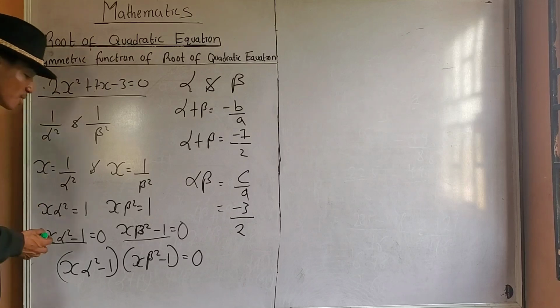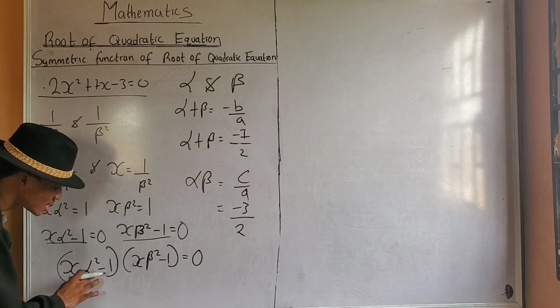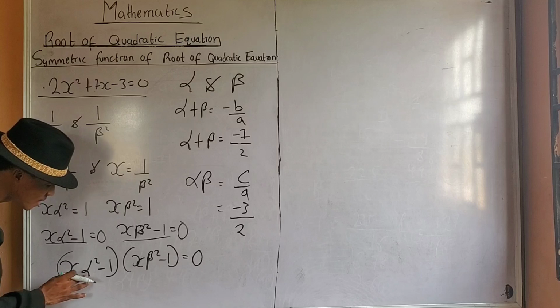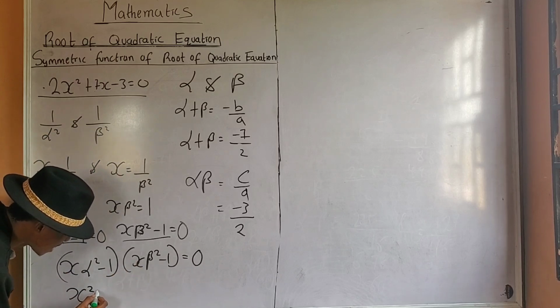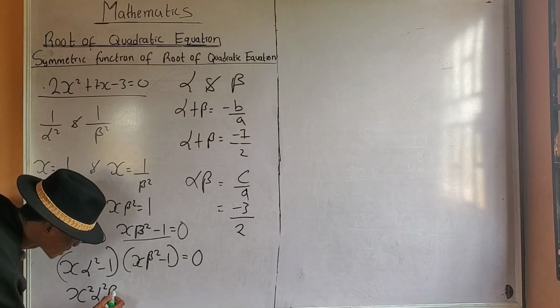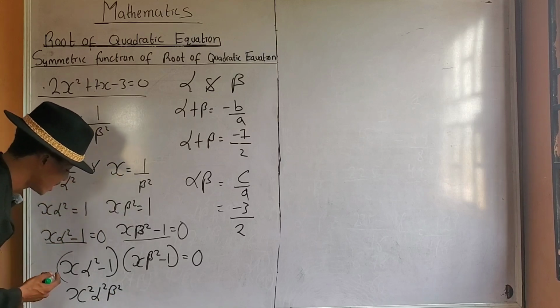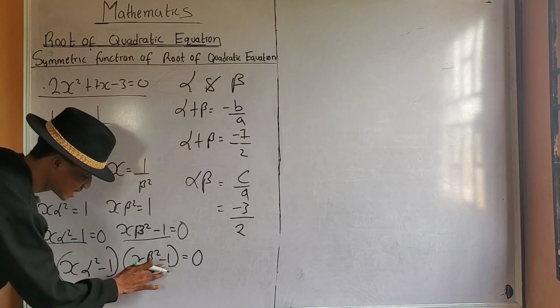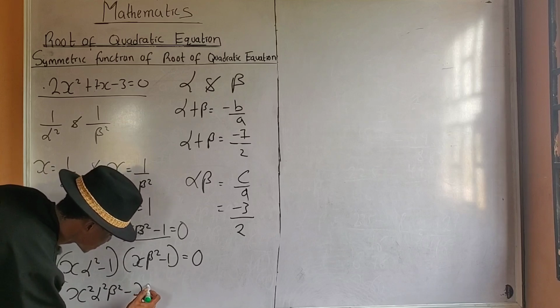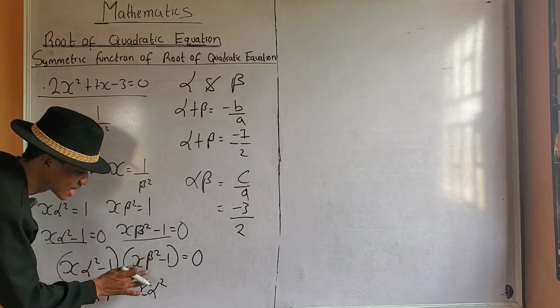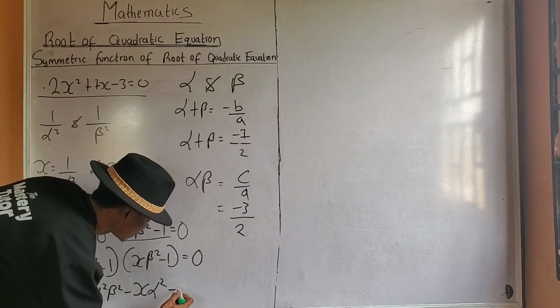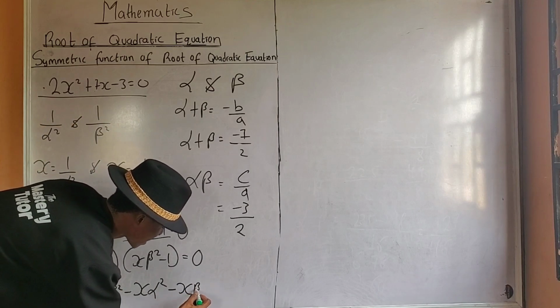So I'm going to have x alpha squared times x beta squared. That is x squared alpha squared beta squared. Are you following? Okay, x alpha squared times negative 1, that is negative x alpha squared. Okay, minus 1 times x beta squared, that is negative x beta squared.